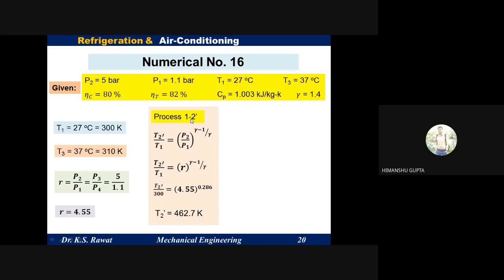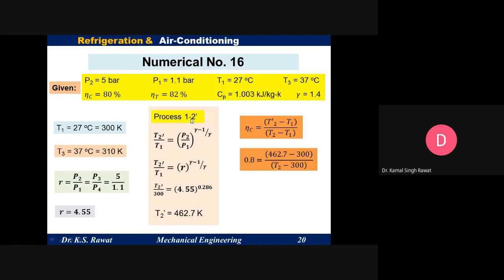Sir, we have the isentropic efficiency of the compressor. Yes, we have the isentropic efficiency of the compressor, and we have already noted the expression. So T2 dash minus T1 divided by T2 minus T1. So now put the value and tell me the value of T2.